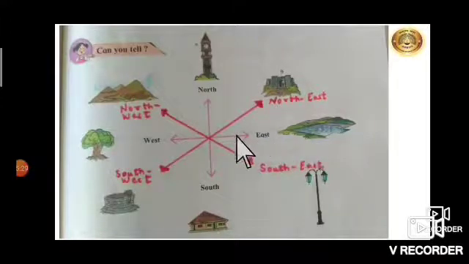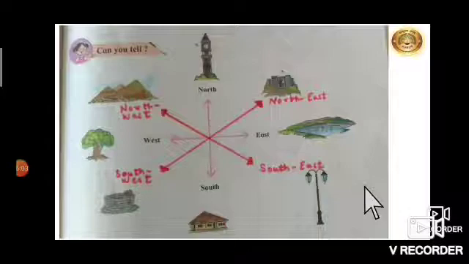The pond is towards the east, and the pole is between the south and the east, that is known as southeast. The house here is towards the direction of south, and a well which lies between west and south is towards southwest. Tree is lying in the west direction. Mountain is lying between the west and north. So this direction becomes northwest.